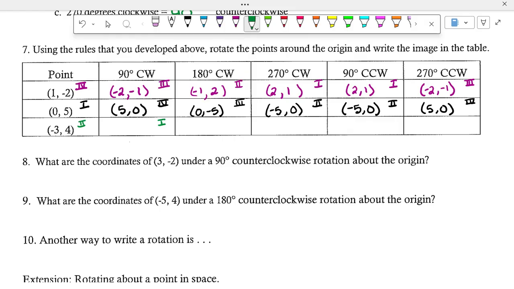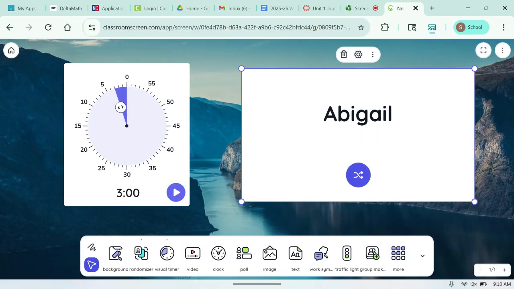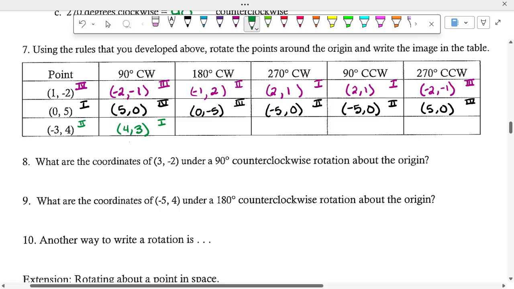So what would my point look like? 4, 3. Good. All right, let's go with Abigail. 180 degrees, that's 2 quadrants away. If I start in 2, I'll end up where? In 4. And so what will my new point be? Good.